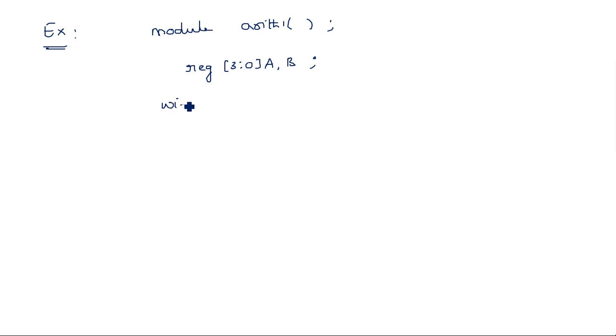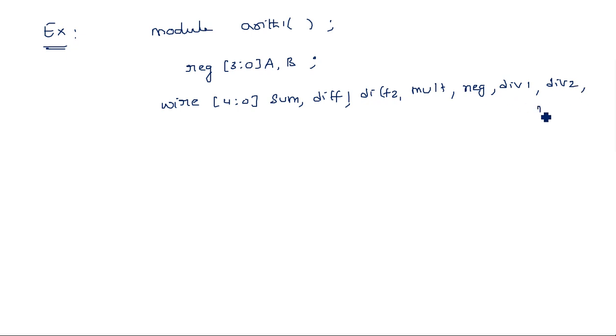And now I am taking wire [4:0], which is 5 bit: sum, difference 1, difference 2, multiplication result, negative result, division 1 result, division 2 result.